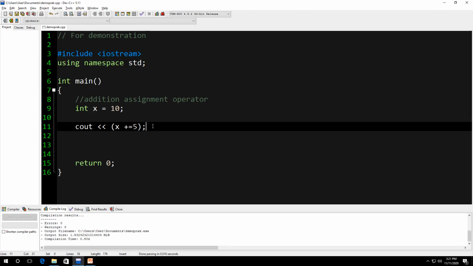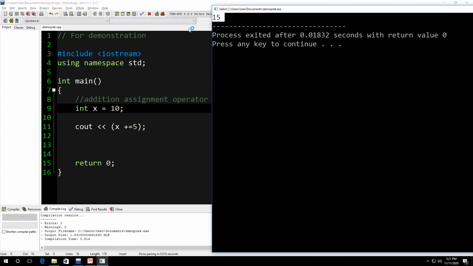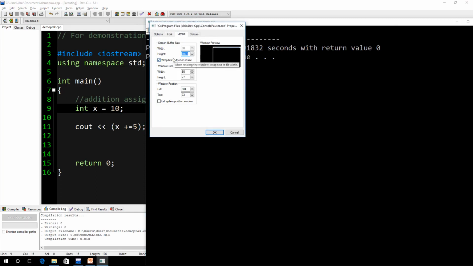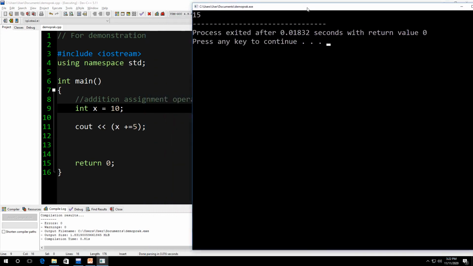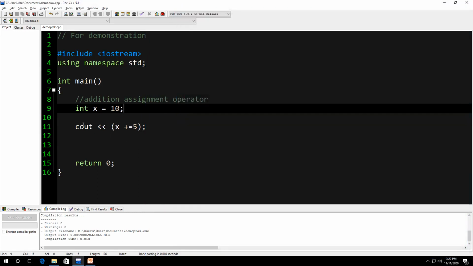So if x is 10, let's try this. So it should give you 15. So it gives you 15.